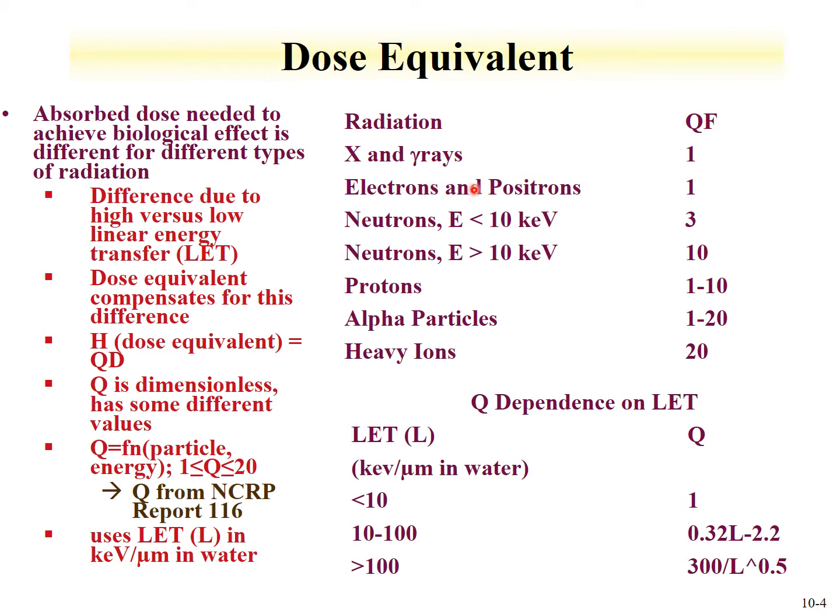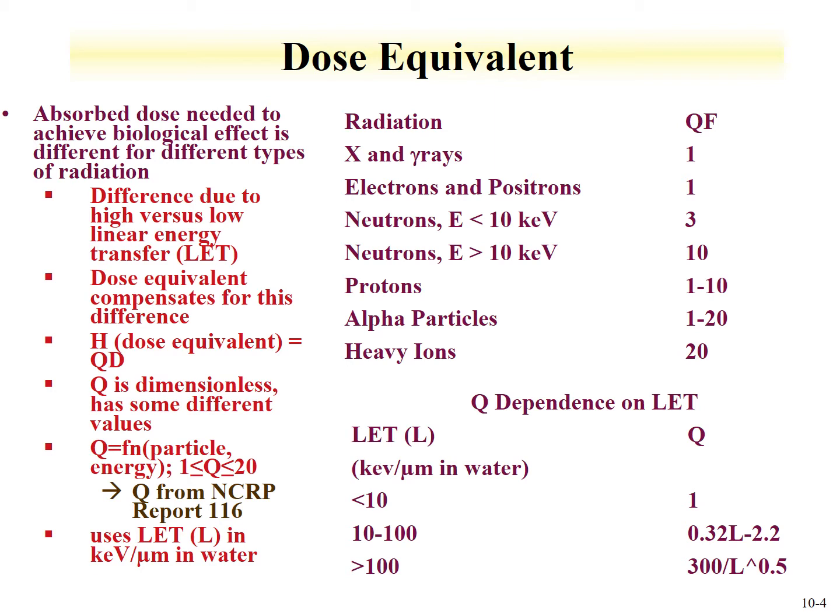Electrons and positrons are 1. Neutrons are somewhat dependent upon the energy. Protons and alpha particles vary from 1 to 20. For conservative measurements, we'll just use 20 for alpha particles.